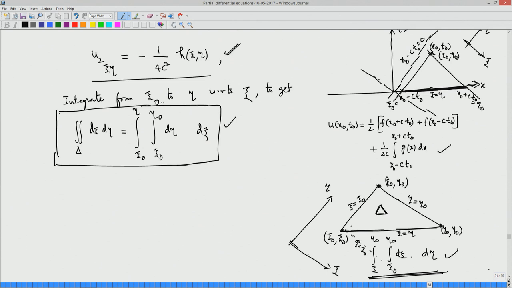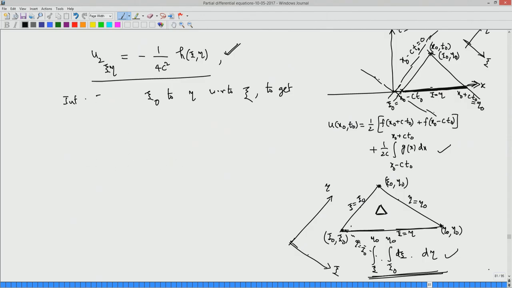So, we integrate from xi naught to eta with respect to xi. If you integrate the above equation from xi naught to eta with respect to xi, what you get is the integral from xi naught to eta of u xi eta d xi equal to minus 1 by 4 c square times the integral from xi naught to eta of h of xi eta d xi.